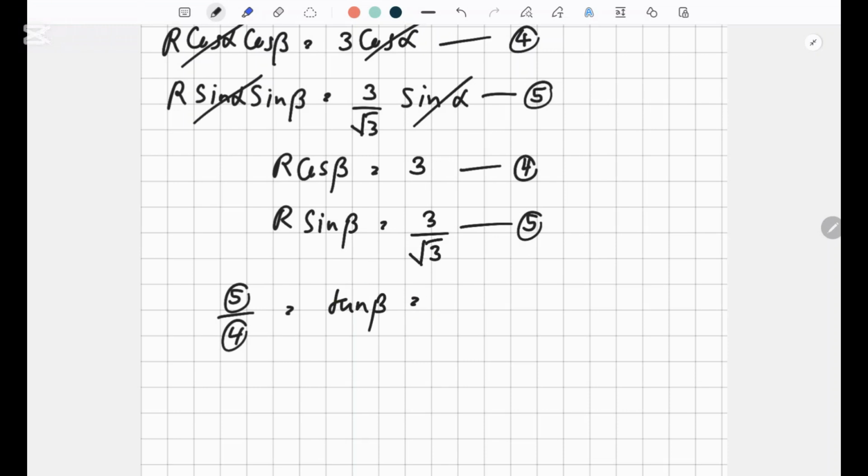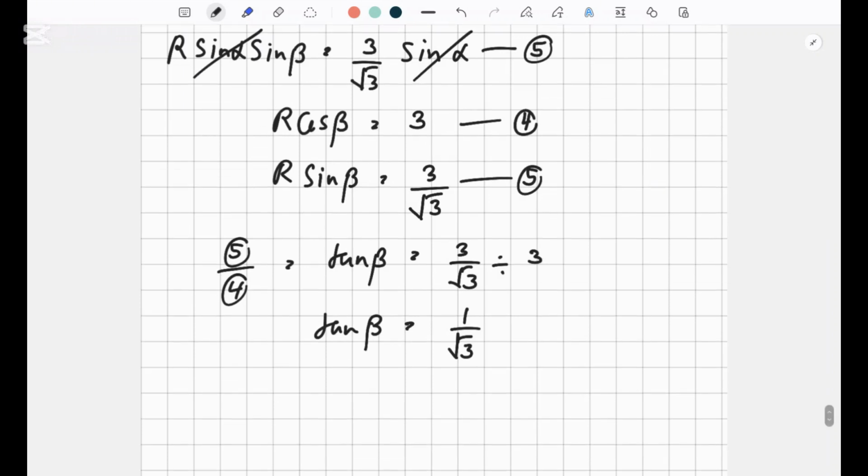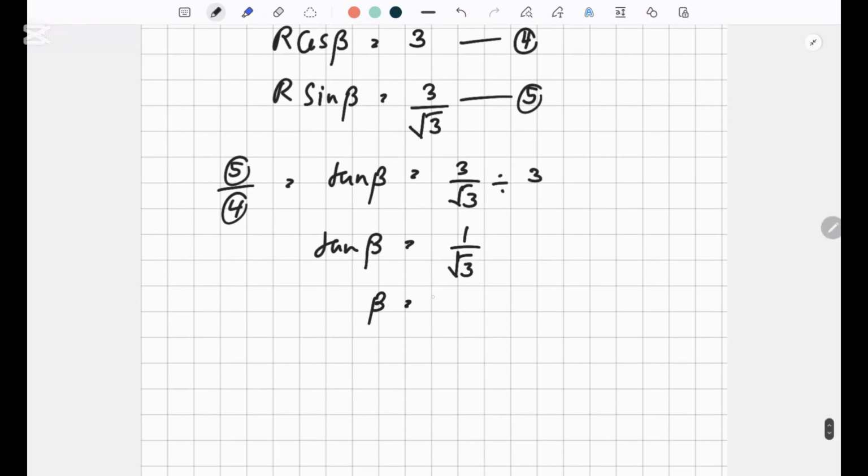That gives you 3 root 3 divided by 3, so this is 1 over root 3. So tan beta is 1 over root 3. So tan inverse of 1 over root 3 gives beta equals 30.